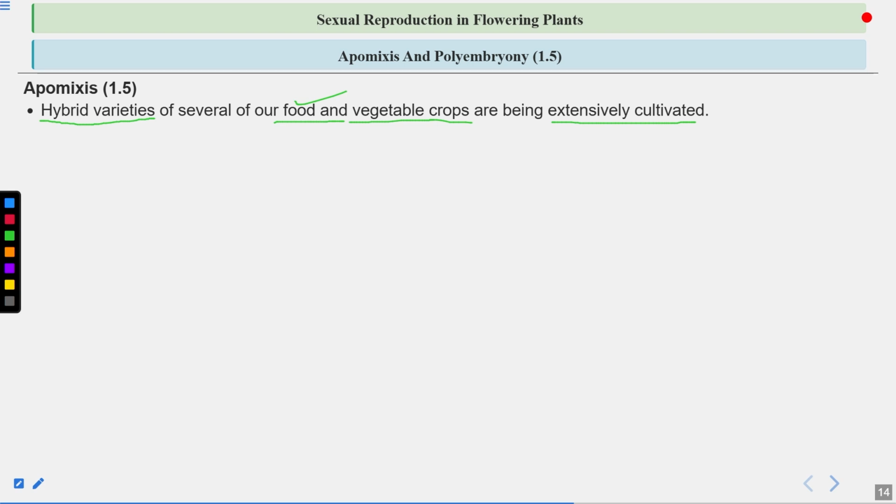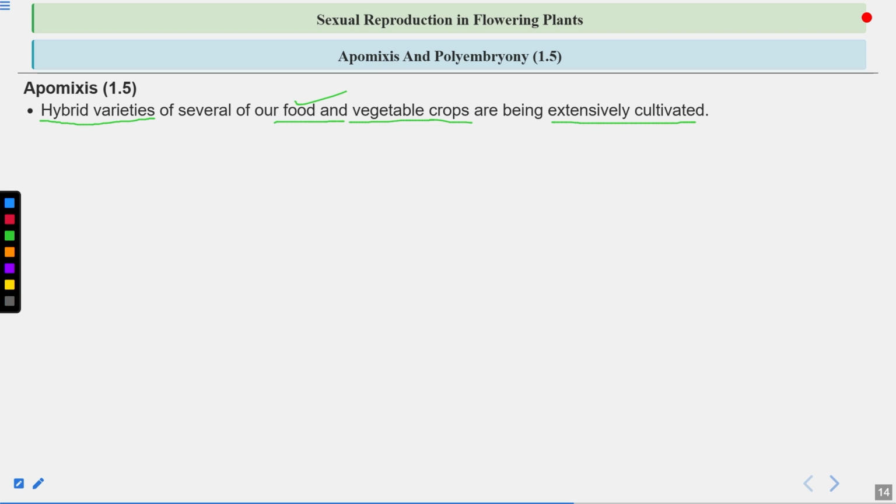So hybrid varieties of several of our food and vegetable crops are being extensively cultivated, and we want to cultivate those varieties because they can produce more yield, more seeds, and they can also be grown in very stressed conditions.